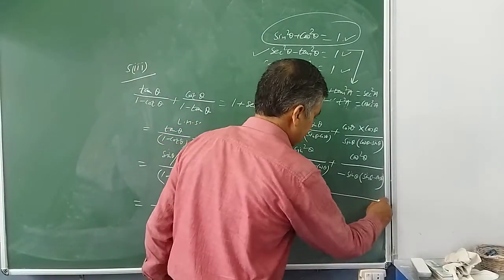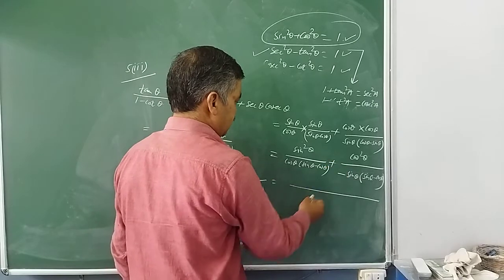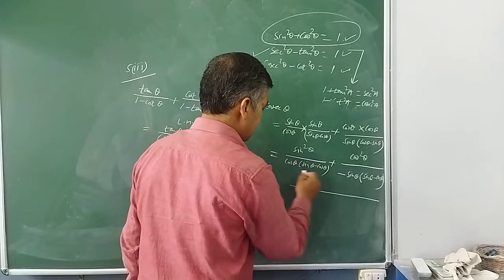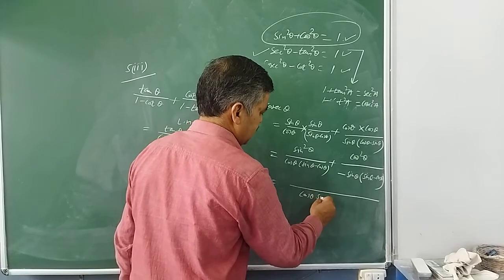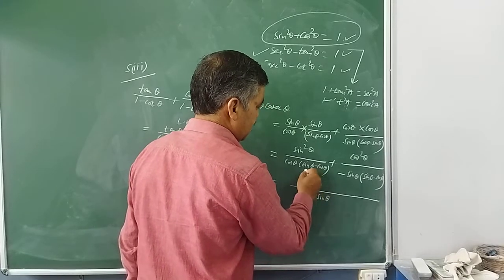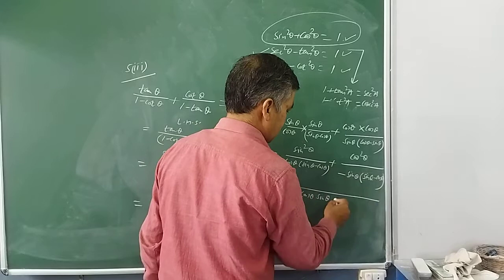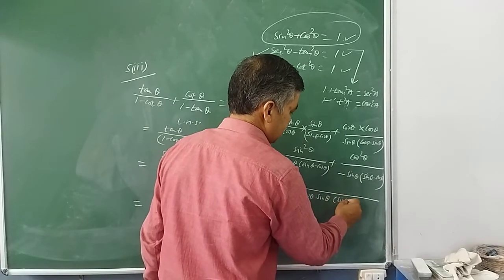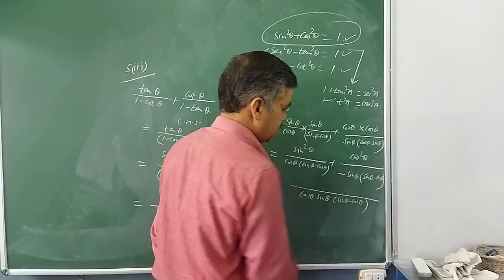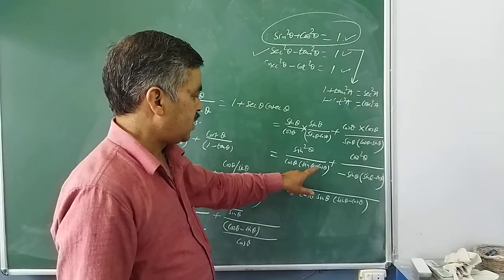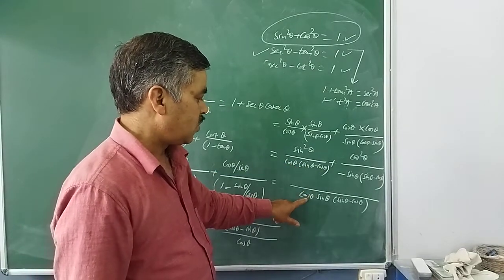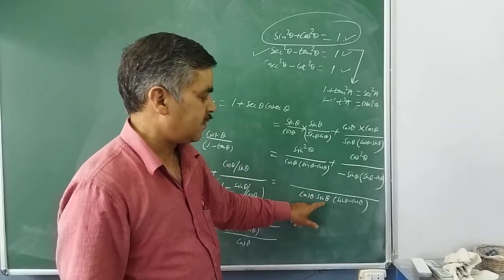So if I take that, now you know LCM will be cos theta into sin theta, into sin minus cos, here also sin minus cos. So sin theta minus cos theta. Now look at this, cos theta into sin minus cos will go off, I will be left with sin.